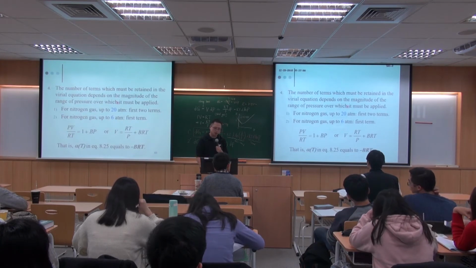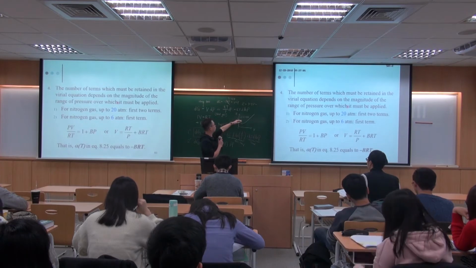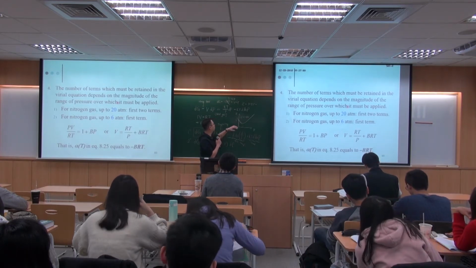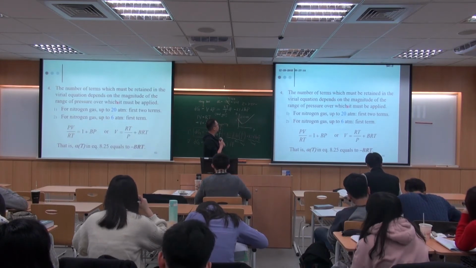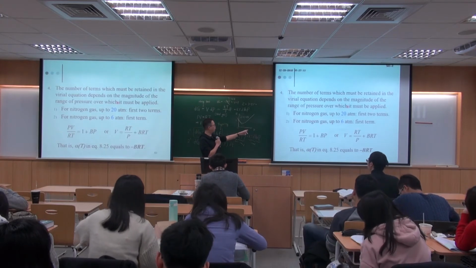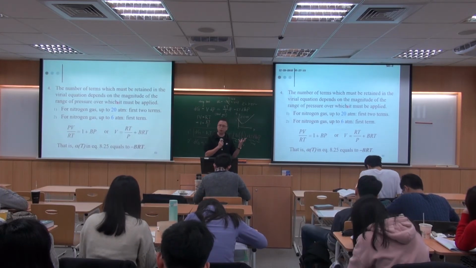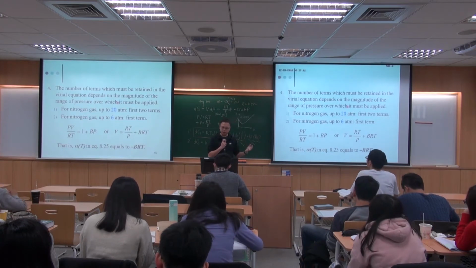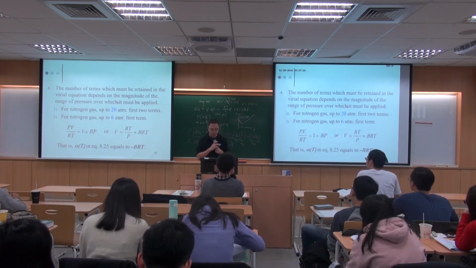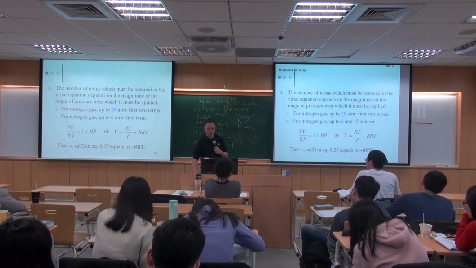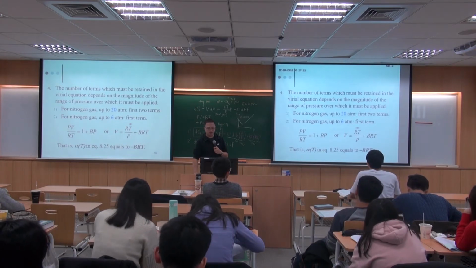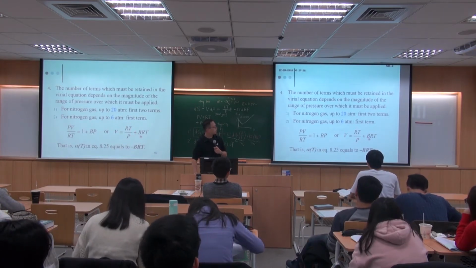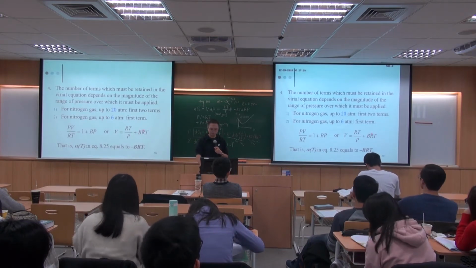Typically, my preference is that I always start from the Virial expression, because this is a very general expression, and it allows you to think about the trend of this function Z as a function of the pressure, and you can also use that to derive a lot of things that previously were derived using some weird terms. For instance, if you express volume using the Virial expression, it has this ideal gas term, RT over P, plus this non-ideal deviation.